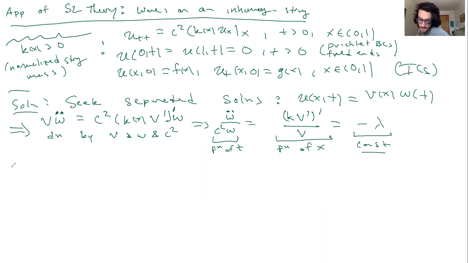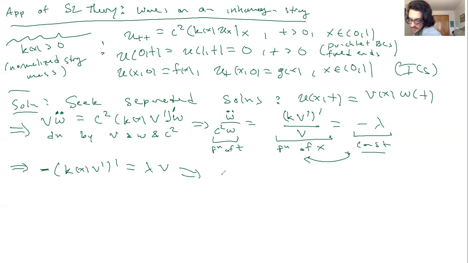So let's start with V, right? If we multiply out our equation for V, we get this, right? I've just taken the negative of this equation and multiplied through by V. Okay, what is this?